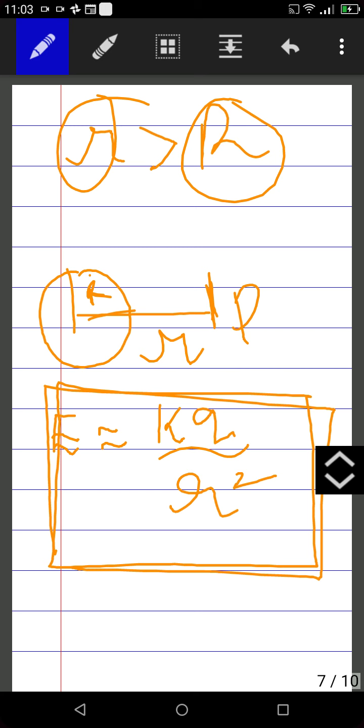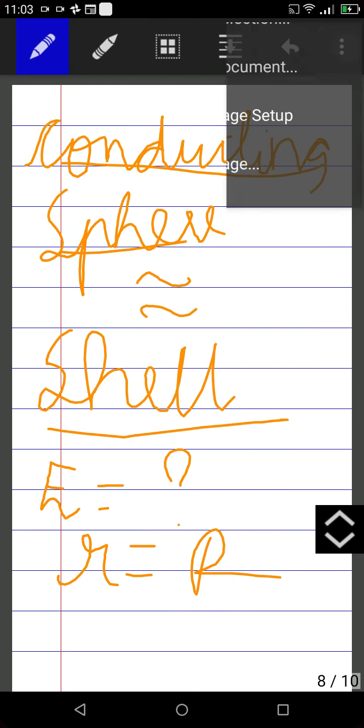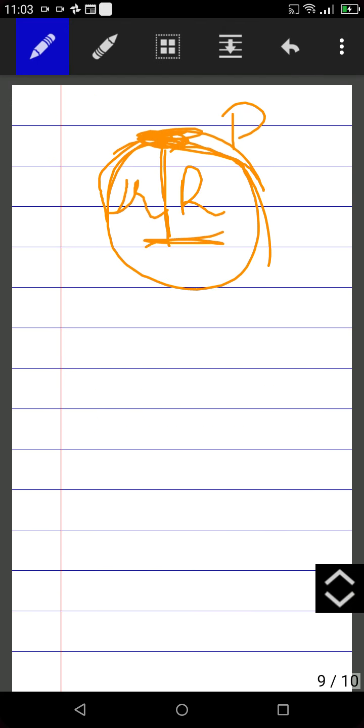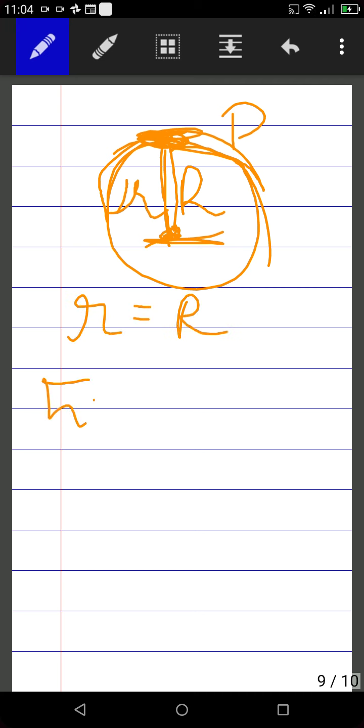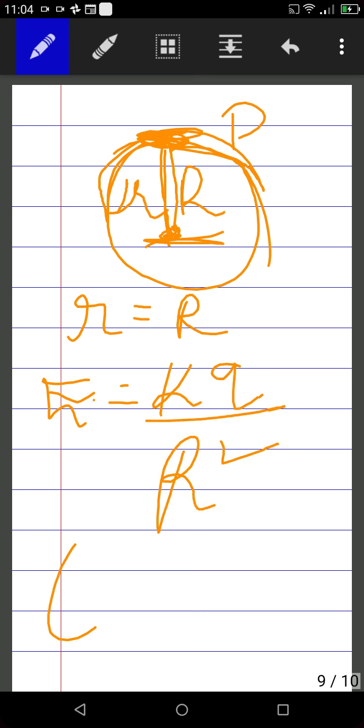Here you see this small r is from the center point to that point P. Center point to that point P means this is only capital R. So r is equal to R. E is equal to kQ by capital R square, since r is equal to R, we substituted capital R in place of r.